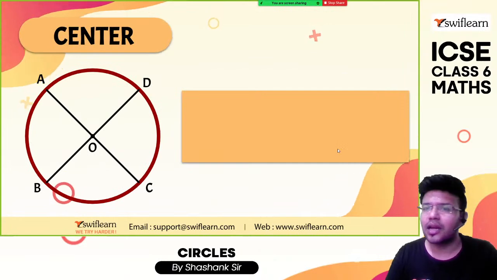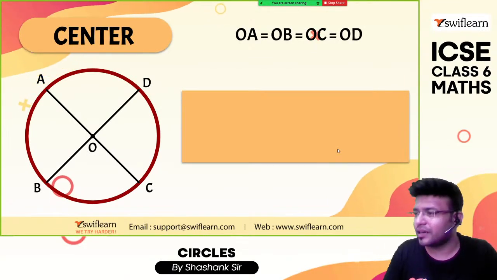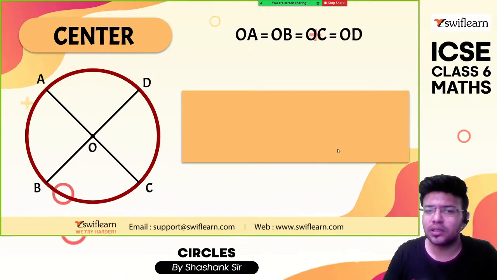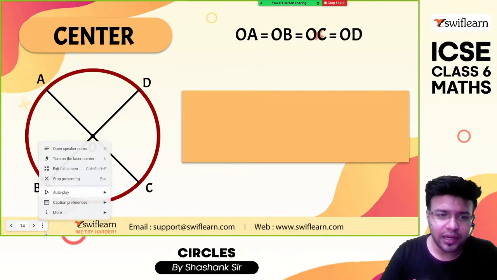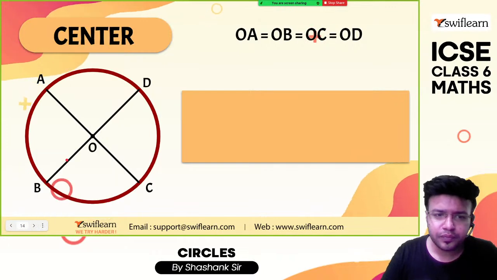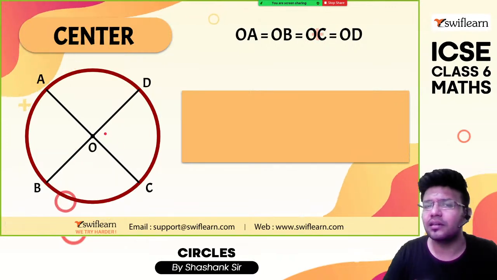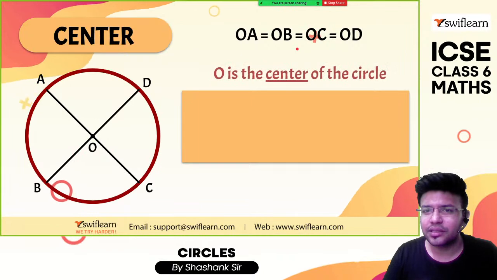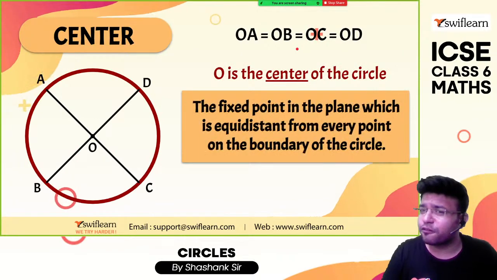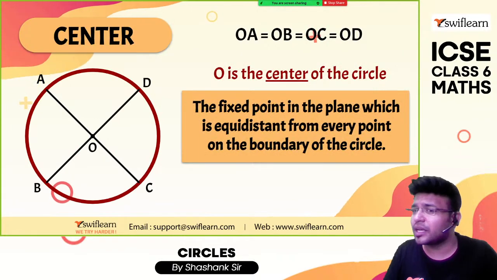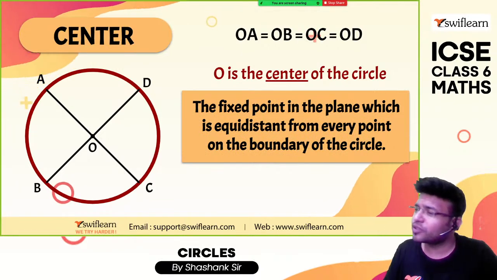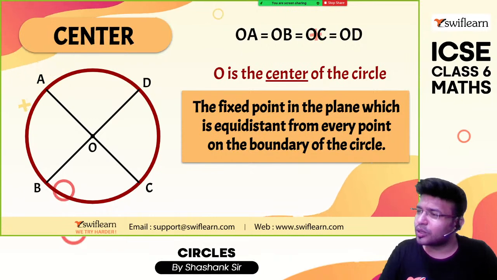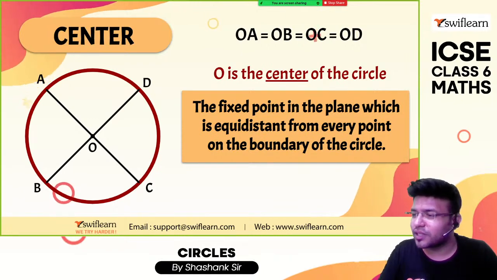Yes. Now the terminology, center of a circle. Point O here is the center of the circle. Now how to define the center? O is the center of the circle, the fixed point in a plane which is equidistant from every point on the boundary of the circle is known as the center of the circle.